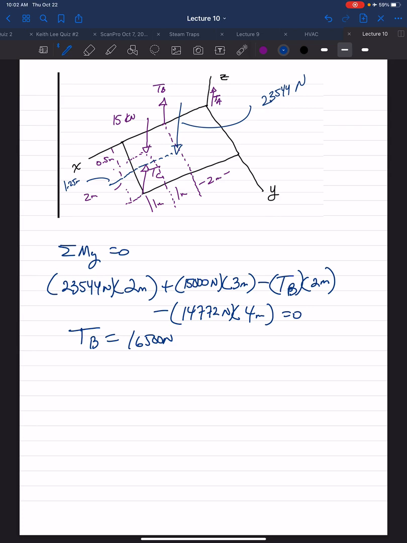There's one unknown left. So we take the sum of our forces in the z direction, set it equal to 0.